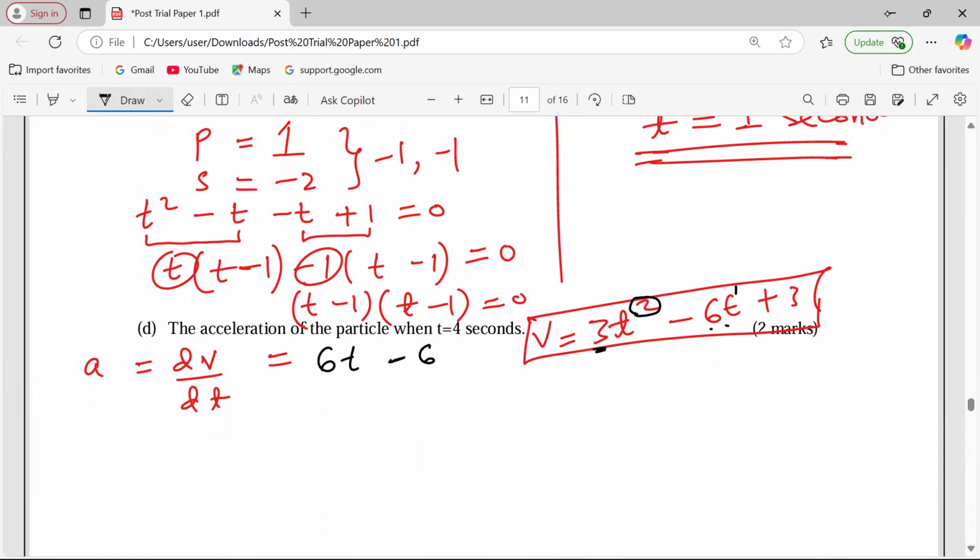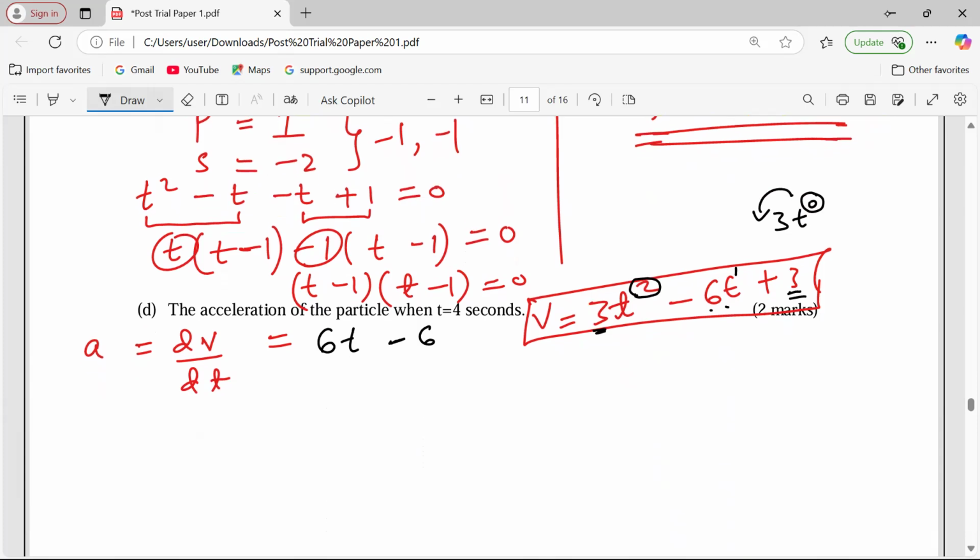Therefore, 6 times 1 is just 6. And finally here, the 3 means there is t power 0, whose value is 1. Therefore, we drop 0 there to multiply everything, and the constant becomes 0. Actually, that is the reason why constants disappear during differentiation.